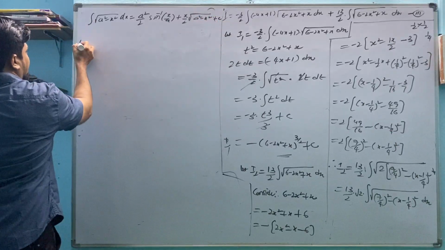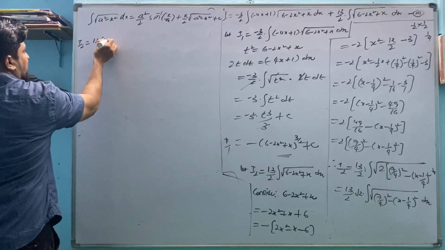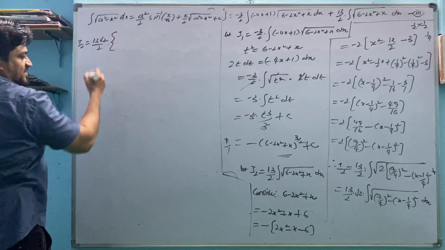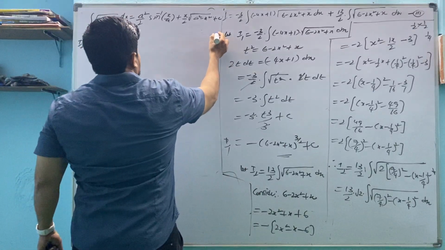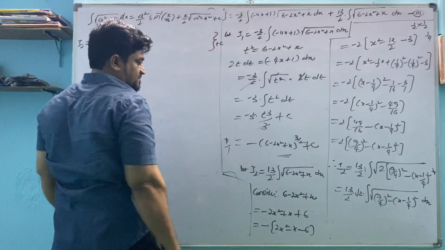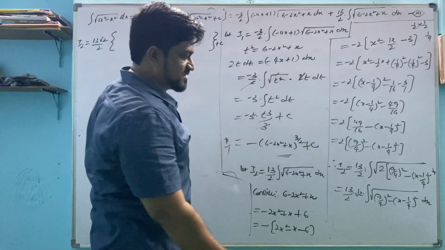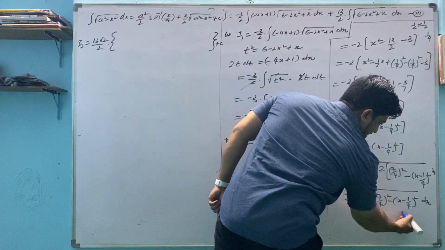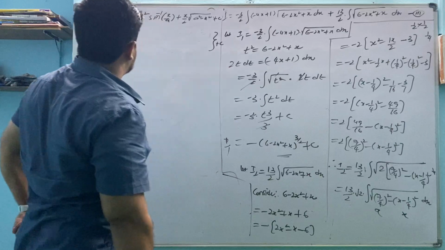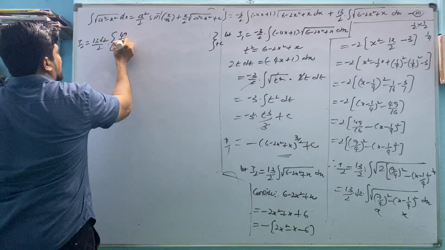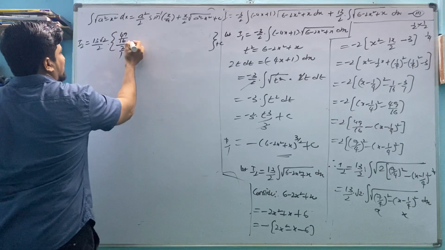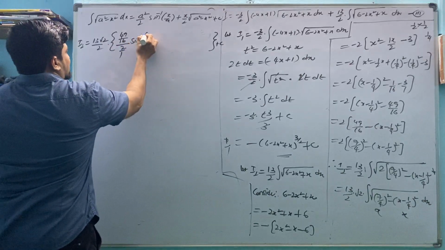So 13 I2 equals 13 root 2 by 2 flower bracket, common for all the values, plus c. 7 by 4, this is a and this is x. A square by 2, a square is 7 by 4 whole square, means 49 by 16 by 2. 2 means 2 by 1. Sin inverse x by a.